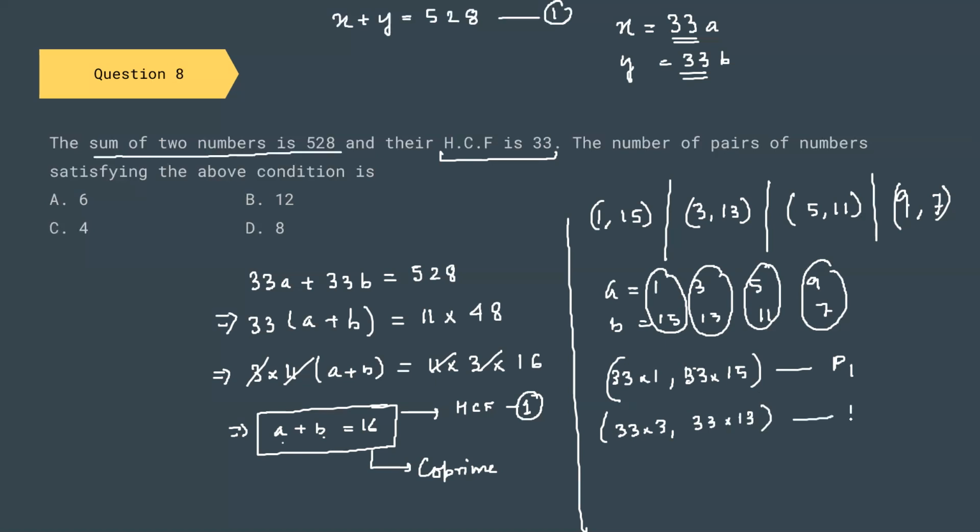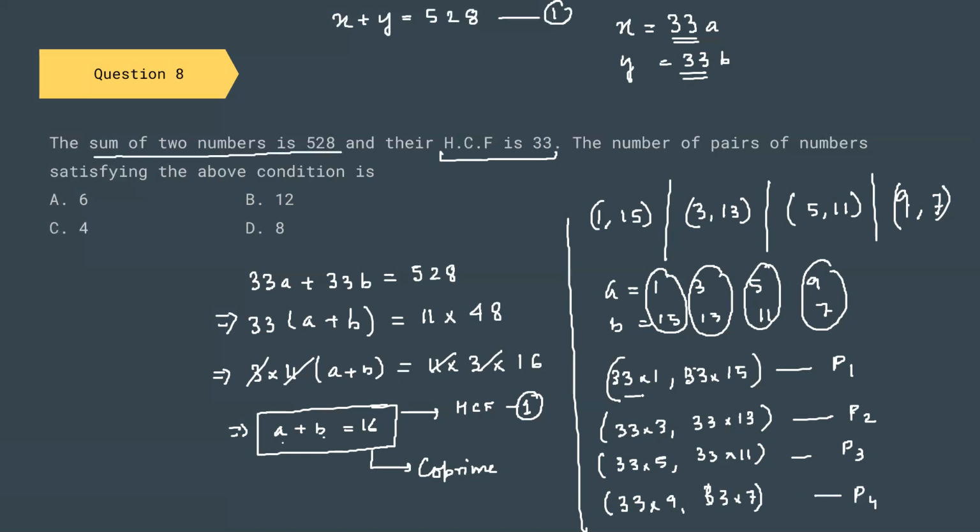This is pair number 2. Then again 33 into 5, comma 33 into 11. That is pair number 3. And we have 33 into 9 and 33 into 7. So that is pair number 4.